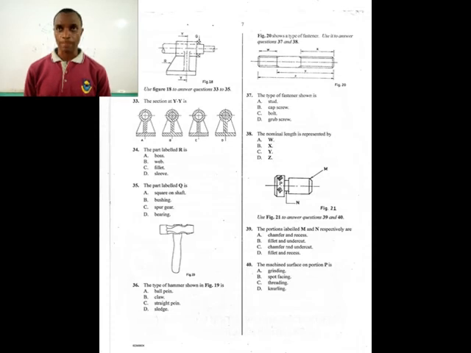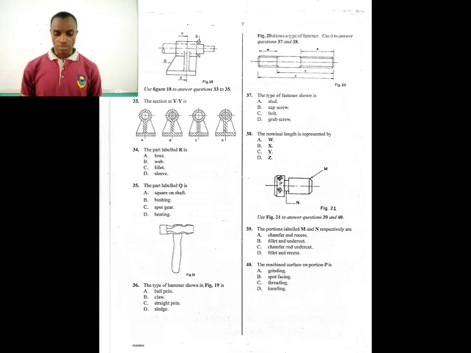B does not have a line, showing that the mounting is one whole object. But D has a line, telling us that the foot of the mounting is separated from the body of the mounting, which is not true, and that is not how the object is. So the answer is B.